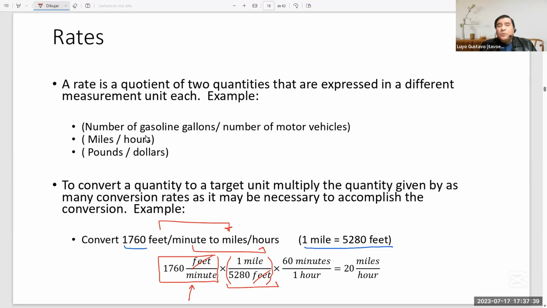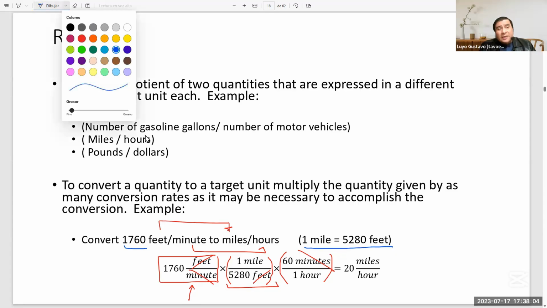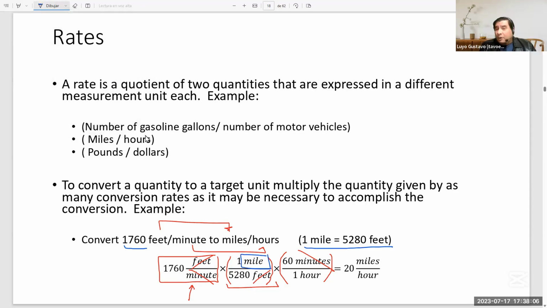Now, what happens with the conversion of minutes to hours? I will use another conversion factor, 60 minutes divided by 1 hour. They are the same, right? But I place strategically minutes in the numerator so that when we do the multiplication, minutes will cancel with minutes. So in the end, the only units we are left with are these, miles above and hours below.